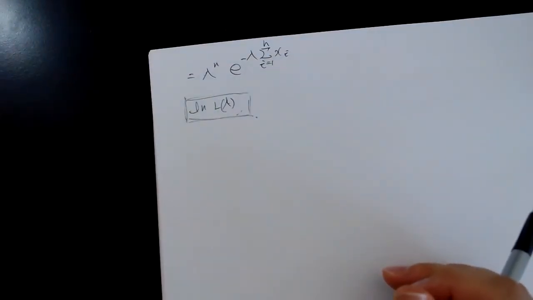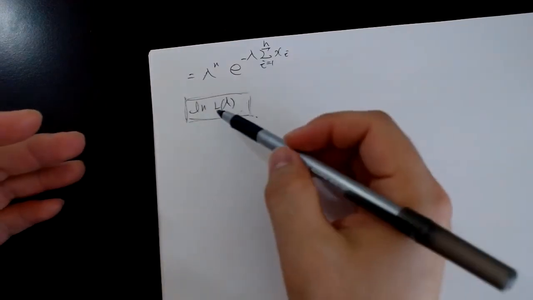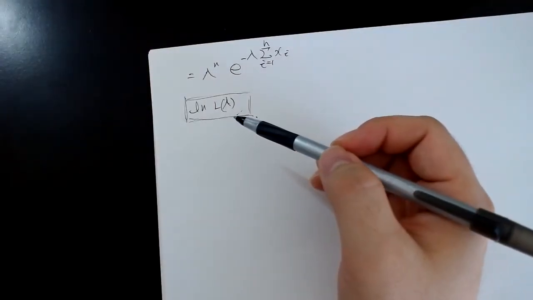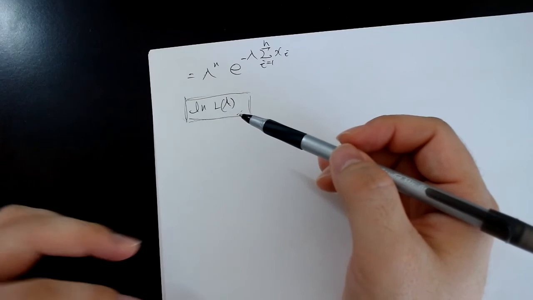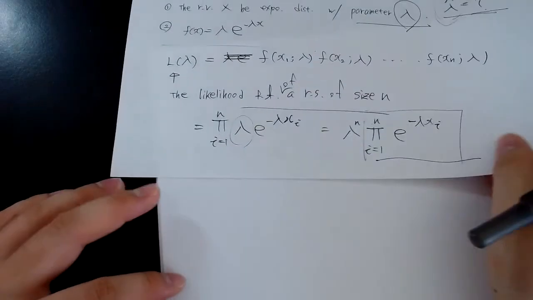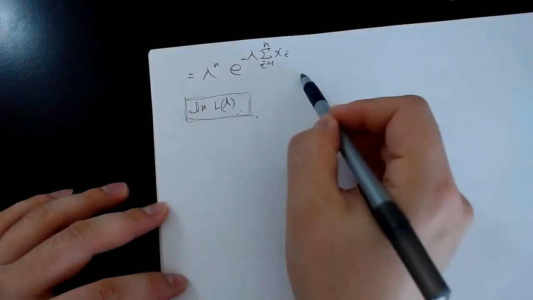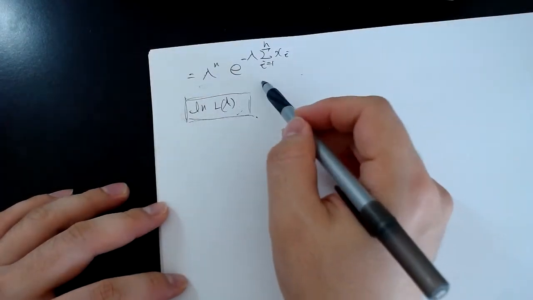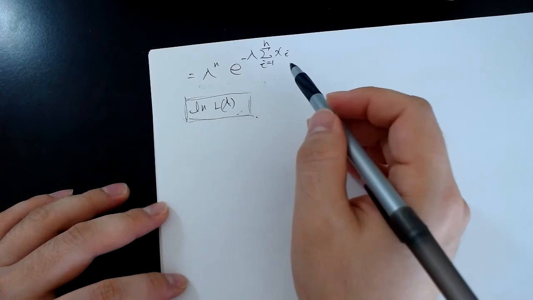We find the critical value of the natural log L of lambda instead of finding the critical value of L of lambda. The main reason is this: taking the derivative of L of lambda with respect to lambda is a bit complicated.